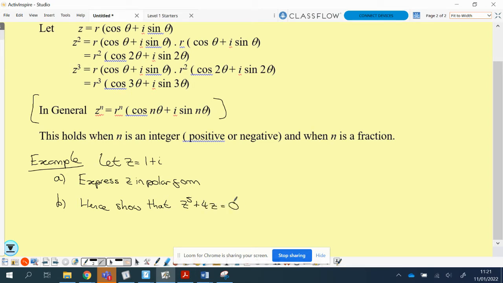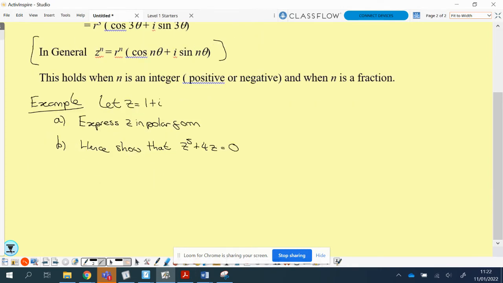Now, this question could have just asked us, without part A, show that z to the power 5 plus 4z equals 0, which means I'd have to raise this to the power 5, which would get quite messy. Not the worst, because it's nice numbers, 1 plus i, but it would take a bit of time, whereas we're going to use polar form just to show you that De Moivre's theorem can make raising it to the power 5 quite a quick process.